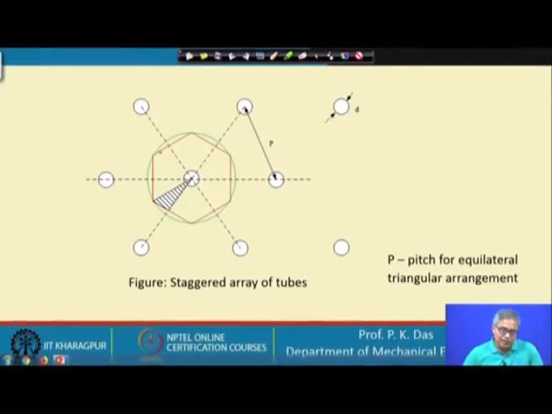We will have a circle whose area is equal to the area of the hexagon. Probably in the drawing it is not that accurate, but the green circle area and the red hexagon area are the same. Then we will assume that this central tube is surrounded by a circular fin whose periphery is given by this green line. So, this is what we will do.